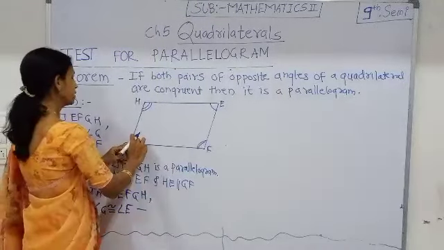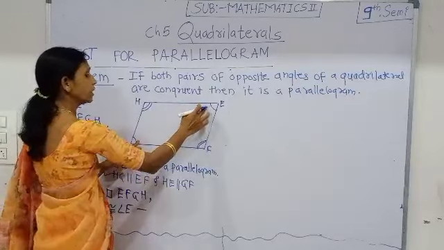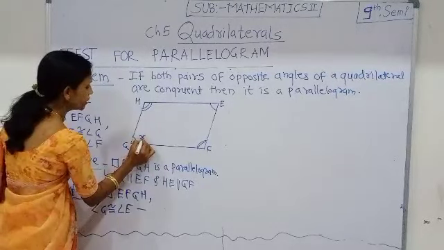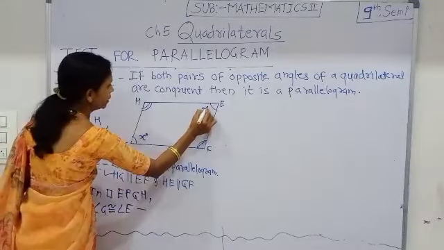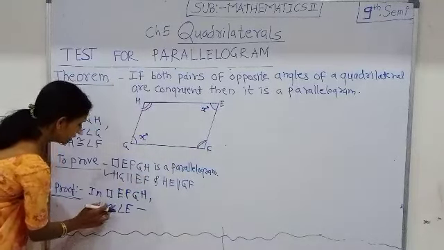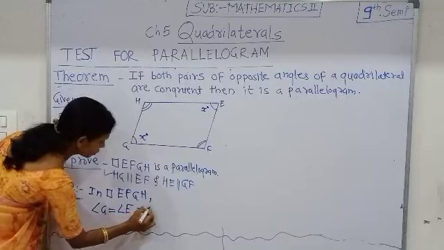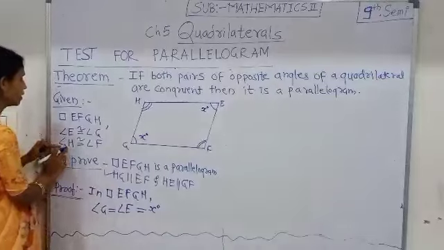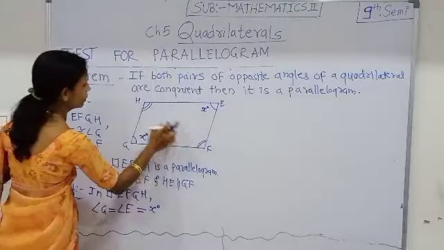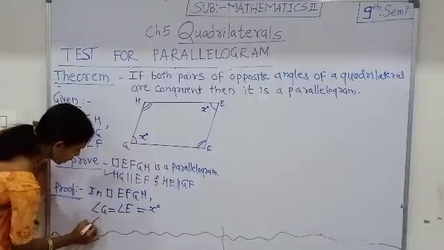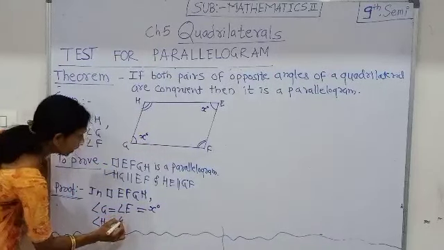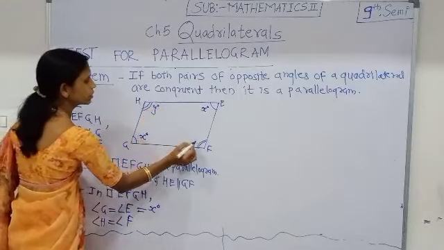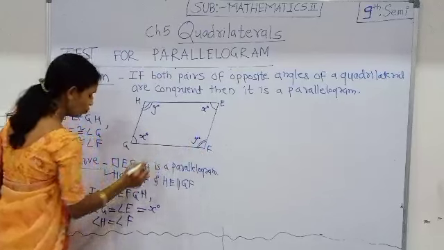As angle G and angle E are congruent, that means of the same measurement, therefore we have to consider that as x degrees. So angle G is equal to angle E is equal to x degrees. Similarly, angle H is congruent to angle F, that means the measurement of angle H is equal to angle F. Therefore we consider those congruent angles as y degrees.